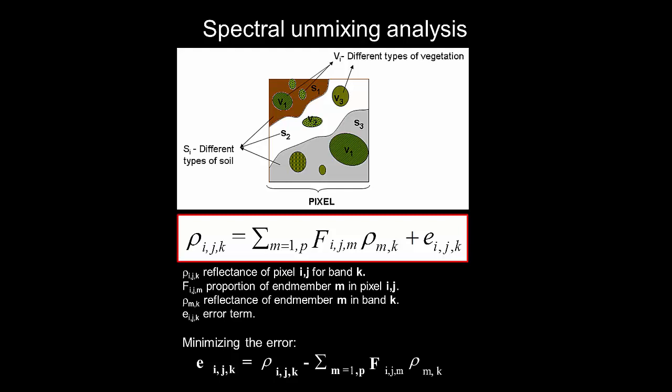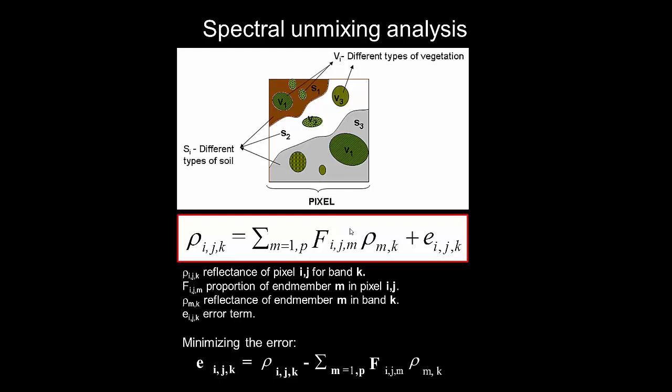So this model assumes that the spectra collected by a sensor can be expressed as a linear combination of endmembers weighted by the fraction that they occupy in a pixel.